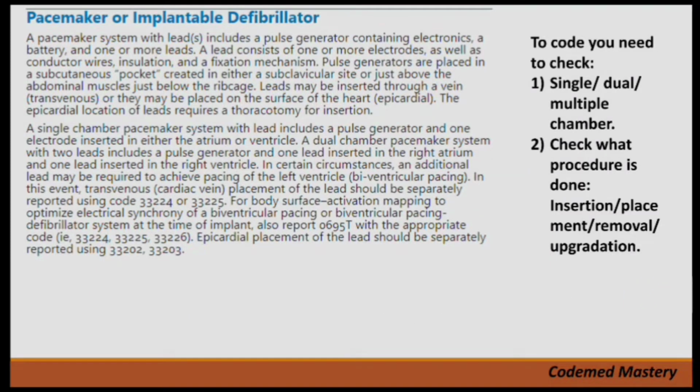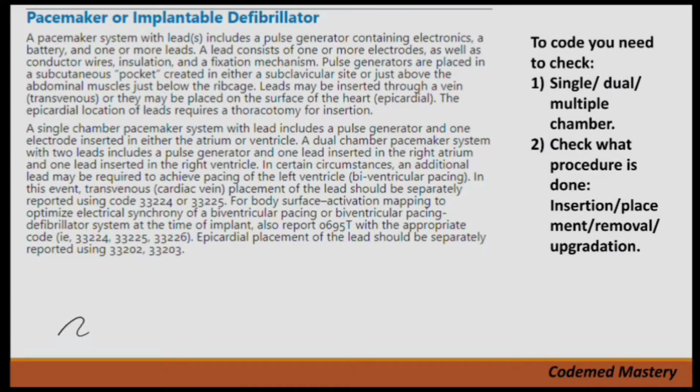This is present in your CPT book, page number 240. A pacemaker system with leads includes a pulse generator containing electronics, a battery and one or more leads. A lead consists of one or more electrodes as well as conductor wires, insulation and fixation mechanisms. Here they have mentioned pulse generators are placed in subcutaneous pocket.